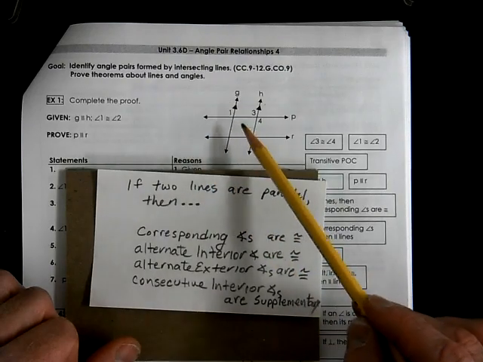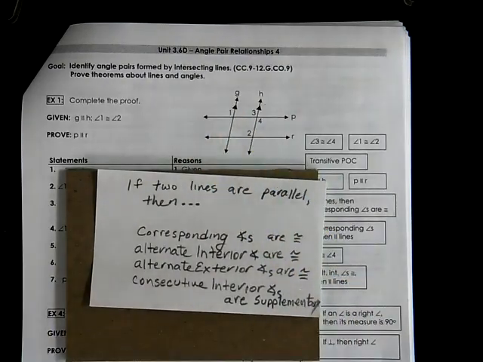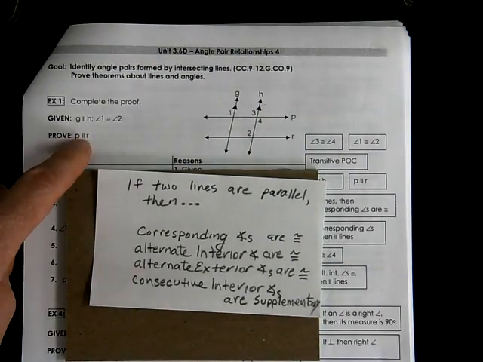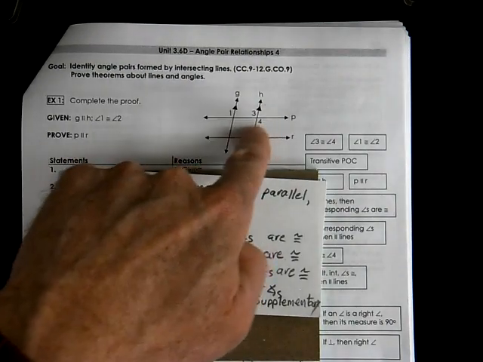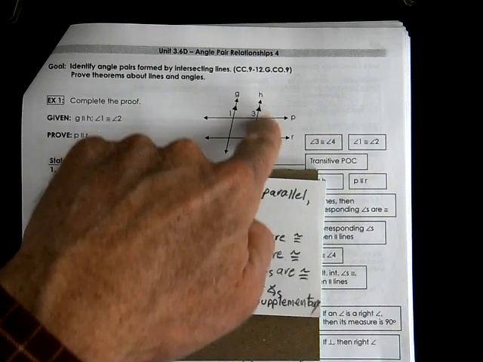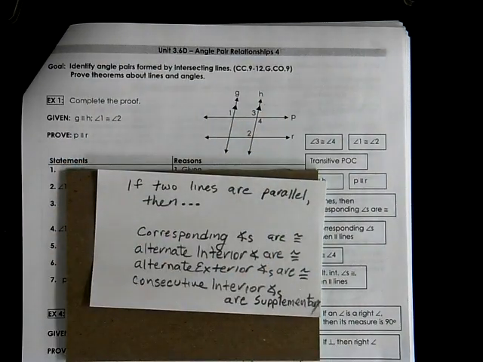We also know that angle 1 and angle 2 are congruent. So you're supposed to try to come up with a reason why P is parallel to R without filling out the proof. Just use your own words using this information up here. Pause the video, think about that, and then come on and we'll finish it up.